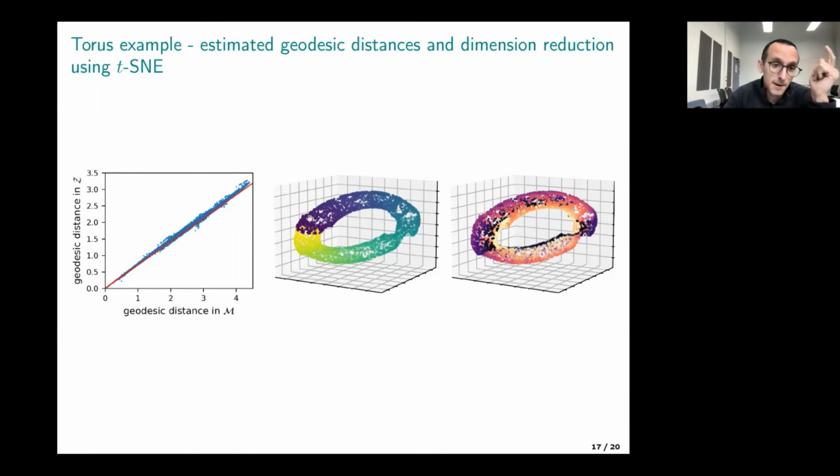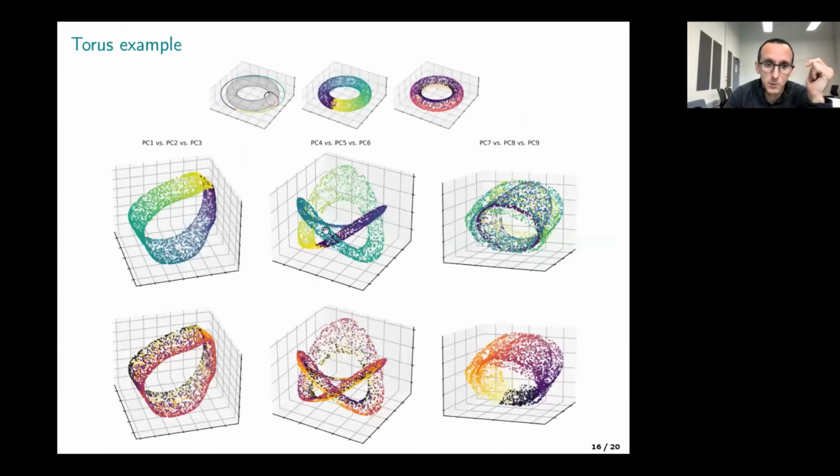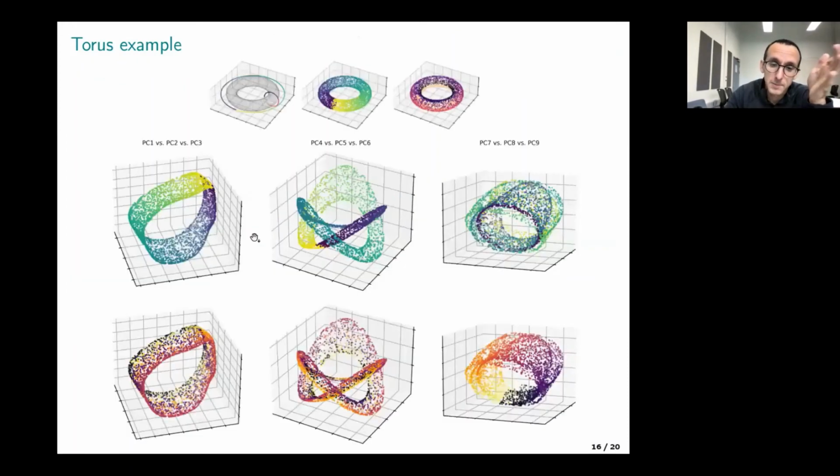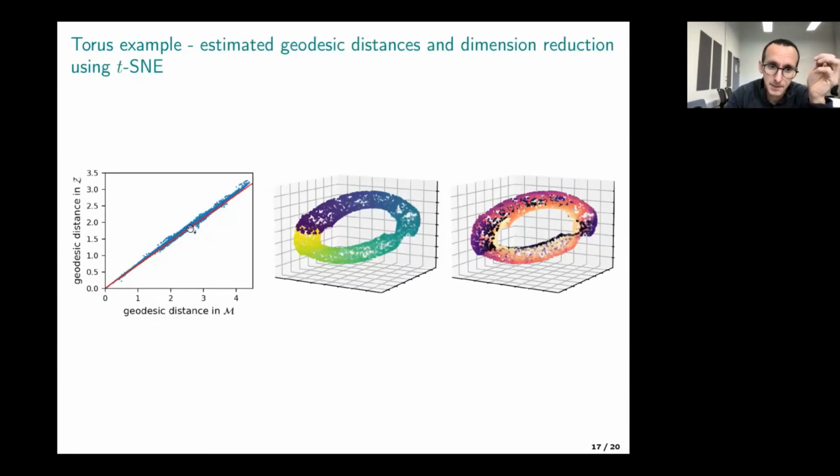And if I numerically approximate the geodesic distances between points in this here and in here, and I plot them against one another, well, the red line is the theoretical square root of 2 relationship, and what we see is indeed that the geodesic distances that we get approximated via samples match that theoretical relationship rather well.